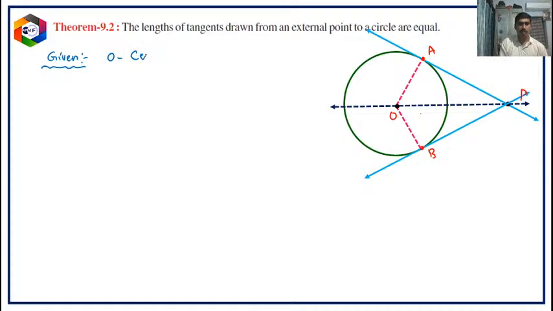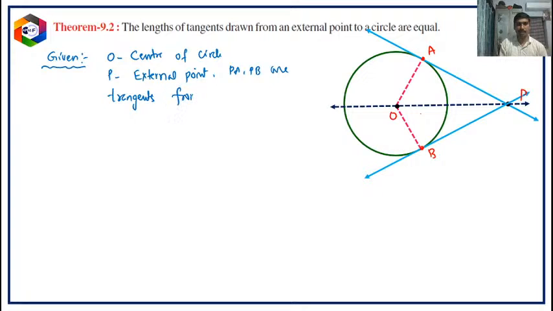PA, PB are tangents from the external point. So this PA and PB are the tangents from the external point.